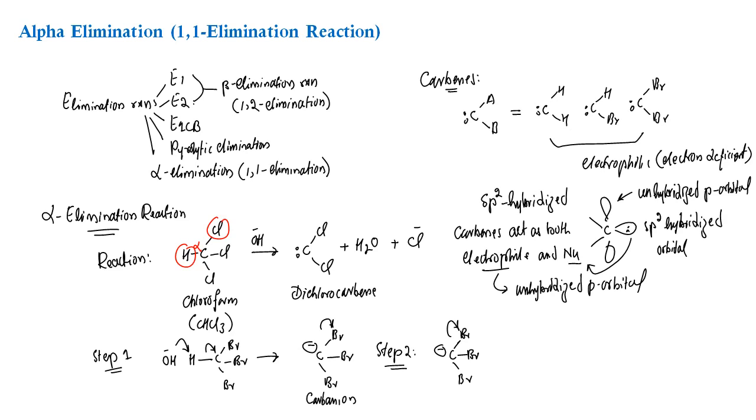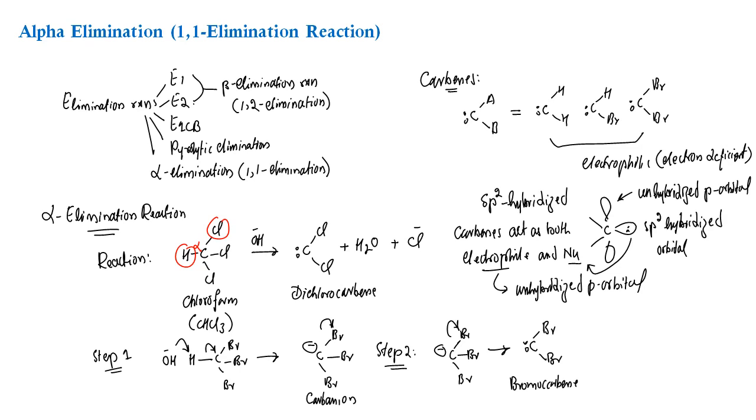The leaving group leaves the molecule, and we get a bromocarbene. This is known as bromocarbene, and in this way we get the carbene-like species.